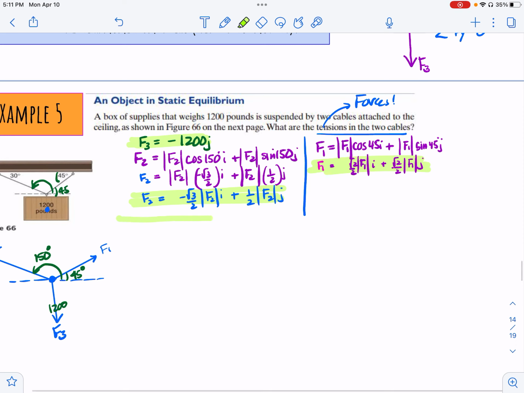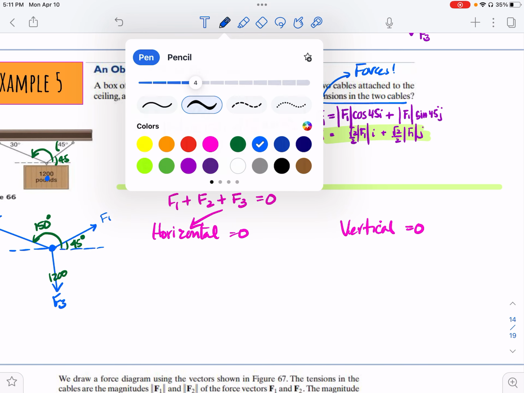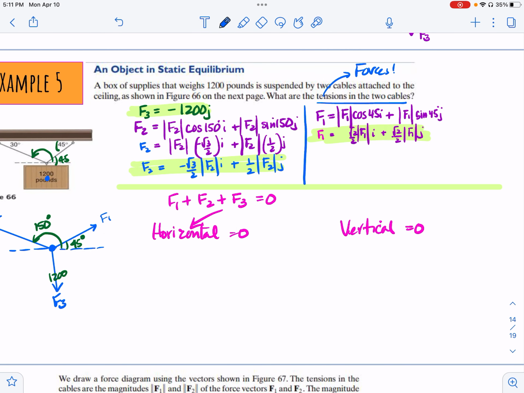Now, since they're all in a state of equilibrium, like I said, F1 plus F2 plus F3 must equal 0, which means the horizontal components must add up to 0, and the vertical should also add up to 0. Okay, let's do that. Horizontal of F1 is root 2 over 2 F1 plus horizontal of F2.